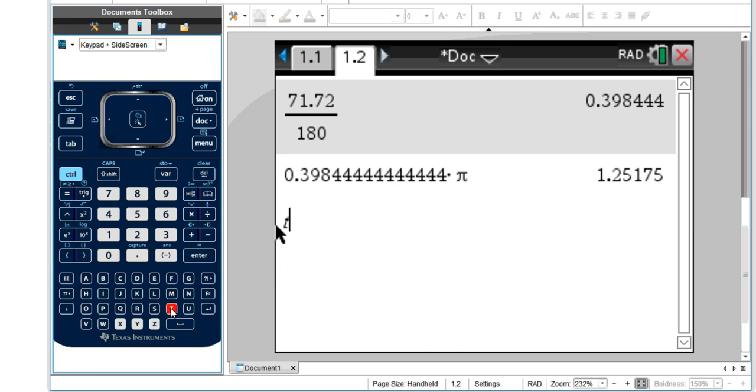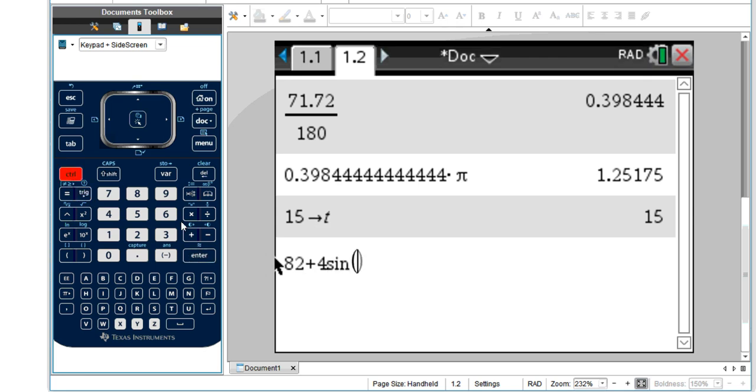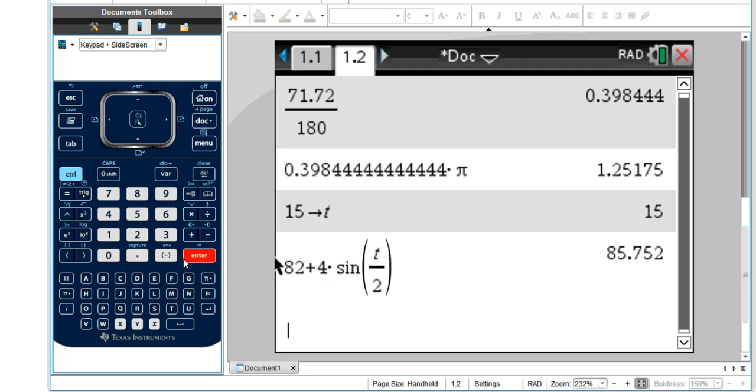T storage: control var t. I'm going to use the number first, so 15 control var t. So we stored 15 for t, and now the function, 82 plus 4 sine of t over 2.